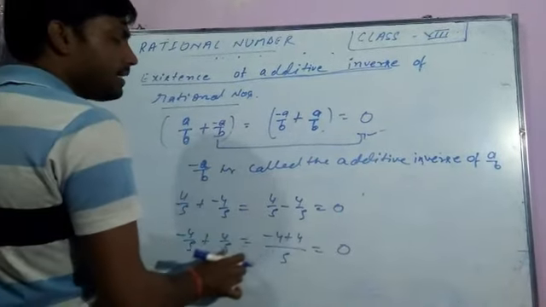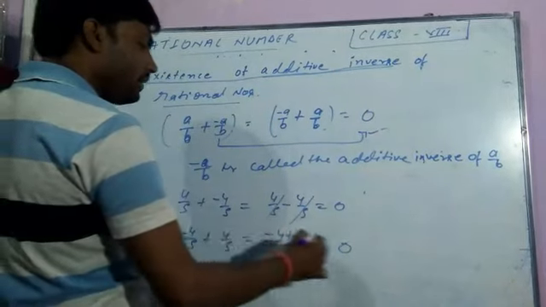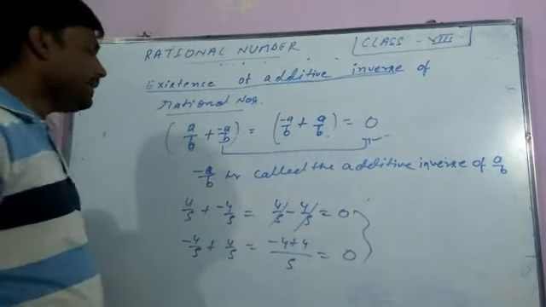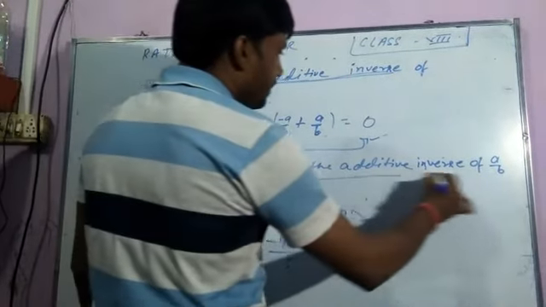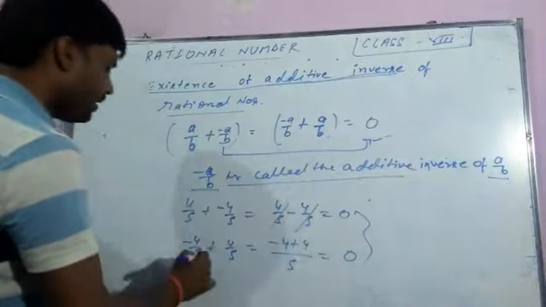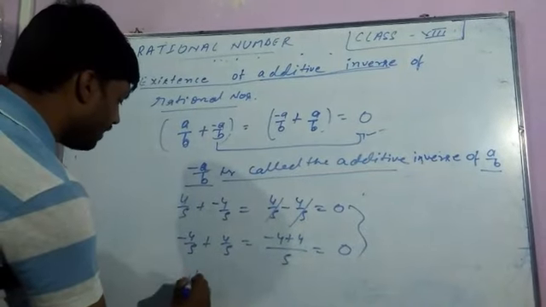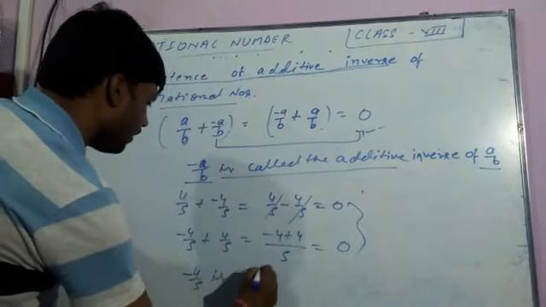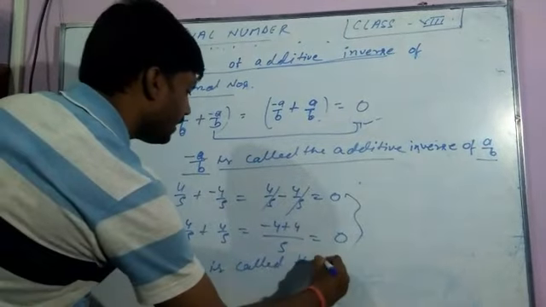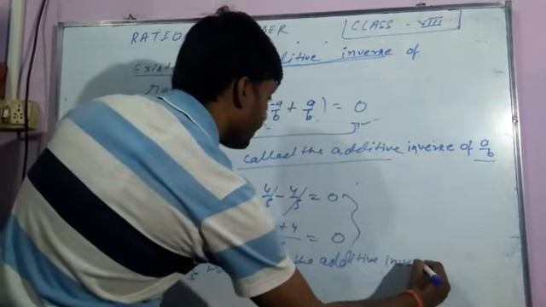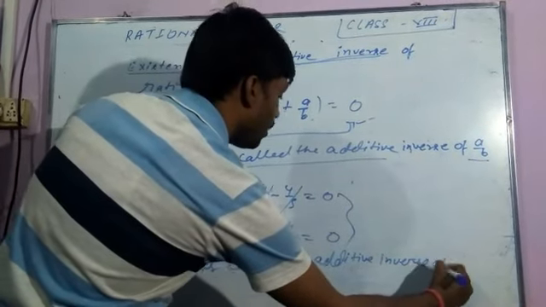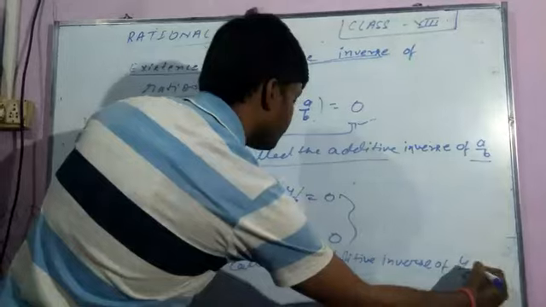In both the conditions we have got the result 0. It means that minus a by b is called the additive inverse of a by b. Same, minus 4/5 is called the additive inverse of 4/5.